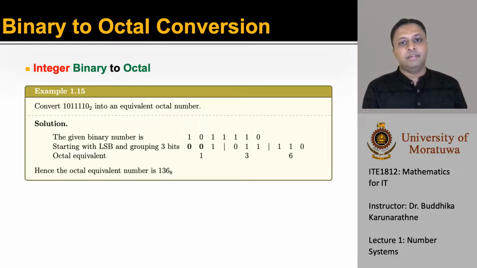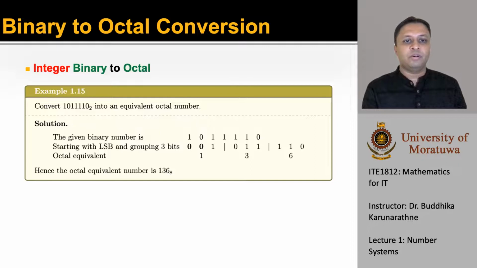And then you write down the corresponding octal representation. For example, what is represented by 110 in the octal space is the digit 6. Similarly, 011 represents the number 3 and 001 represents 1.